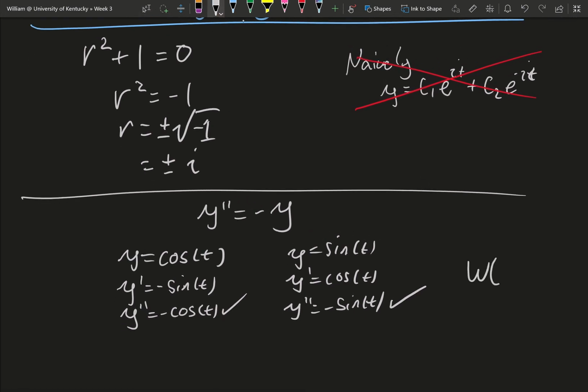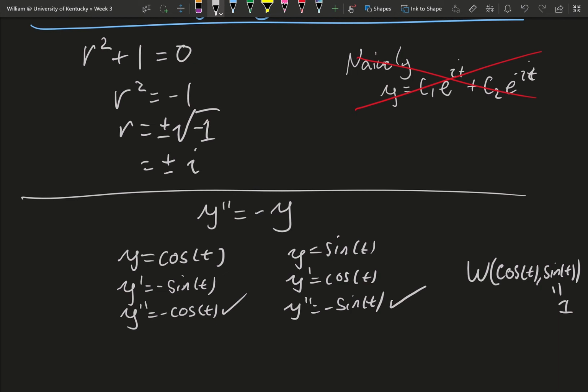You can confirm that the Wronskian of cosine of t and sine of t is equal to just 1, or maybe negative 1. I think it's just 1. That was a problem on the worksheet we did on Tuesday.